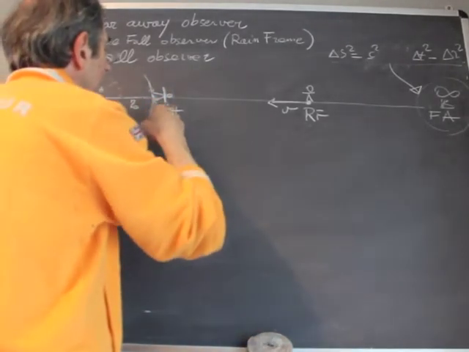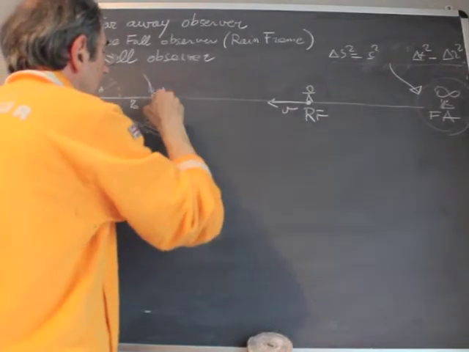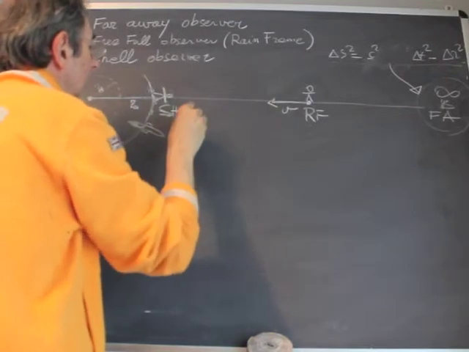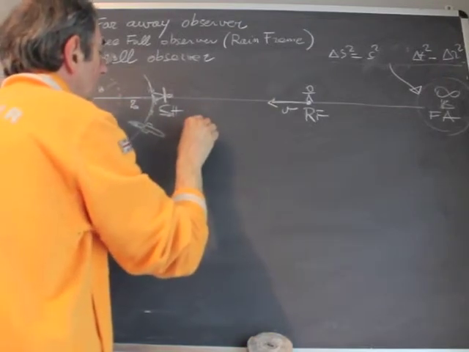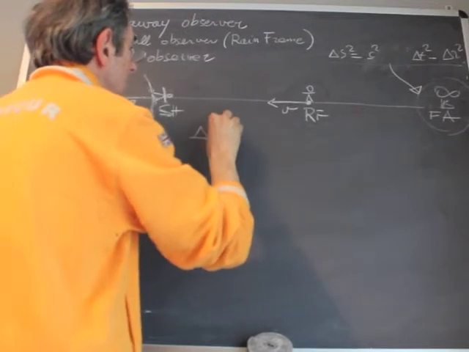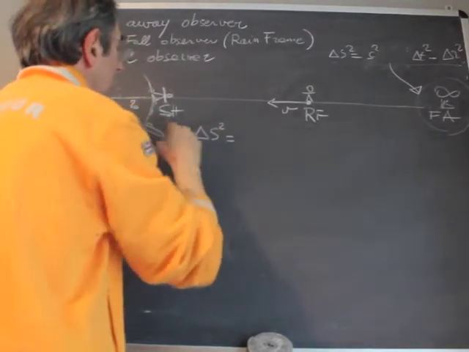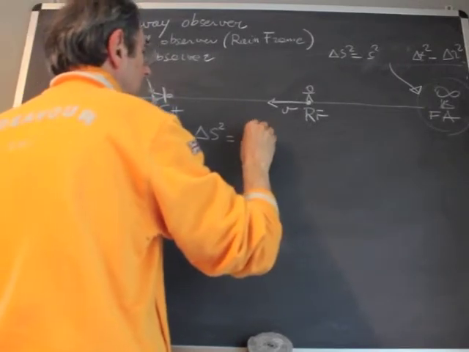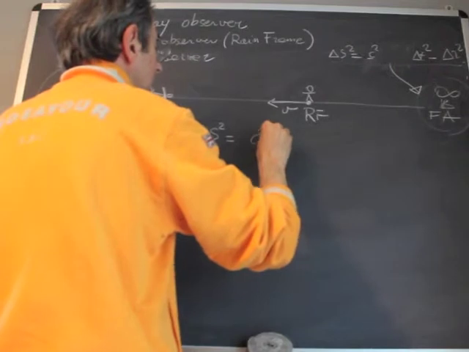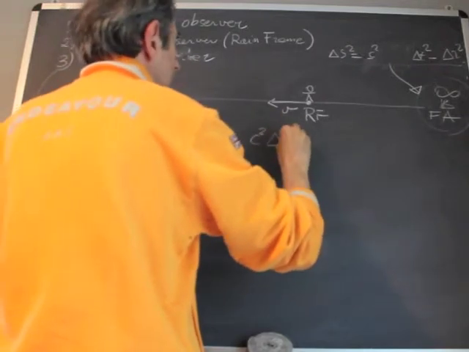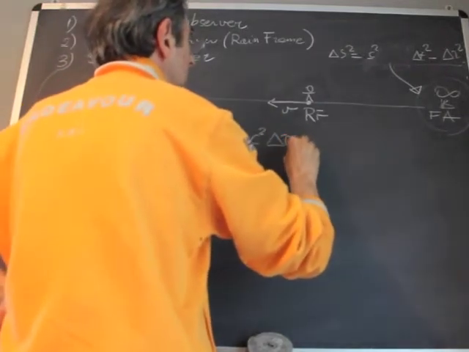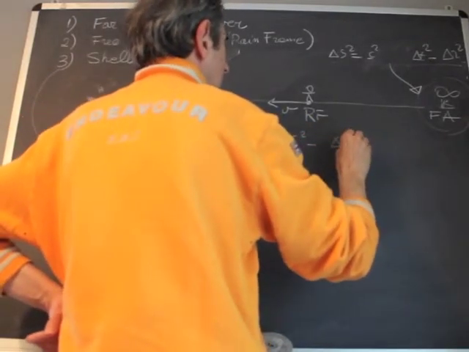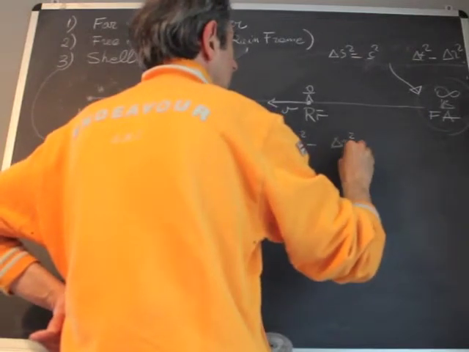The space-time distance of these two events, start and arrival of the ball, is just delta S square equal to c square delta tau shell square minus delta R shell square.